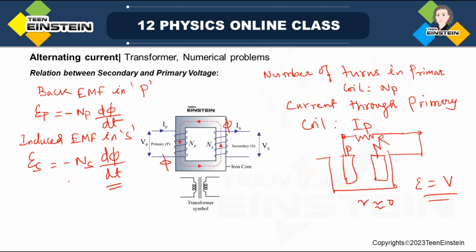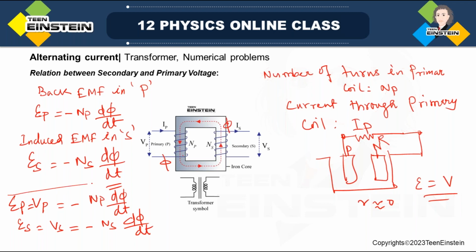If that is the case, then we can directly write EP as VP, which is equal to minus NP d phi by dt, and ES as VS, equal to NS d phi by dt.